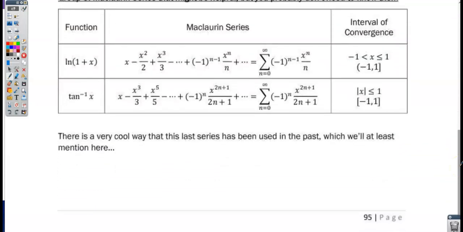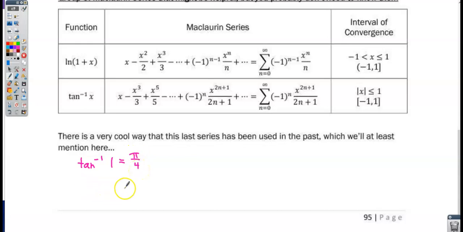By the way, this last series, very cool way we can use this, and we've used this idea in the past. The arctangent of 1 is equal to pi over 4.